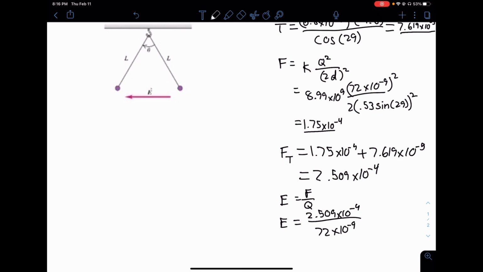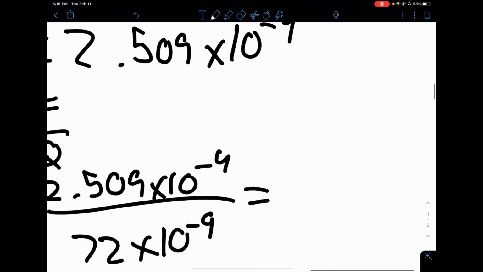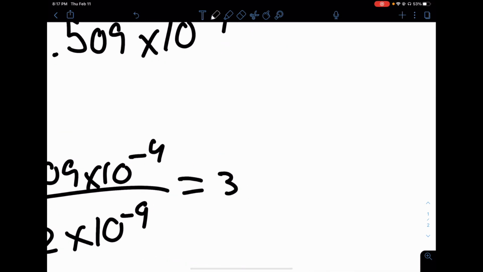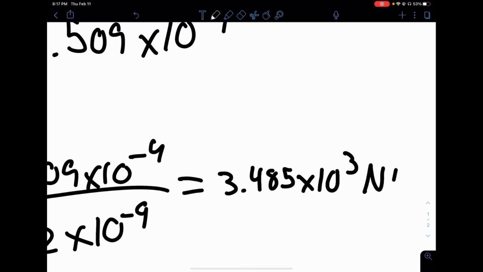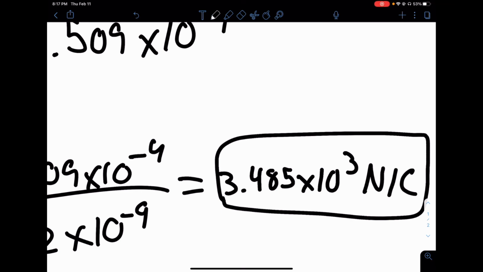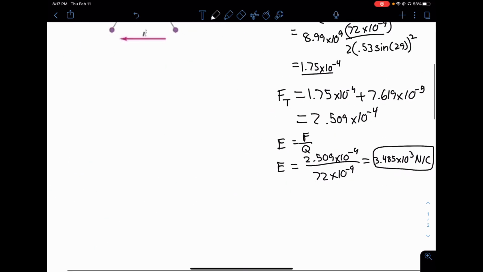And that is going to give us a value of 3.484, which if you round it up would actually be 3.485 times 10 to the third. And this value, of course, is in newtons per coulomb, as that is the unit of measurement for electric field. And that's how you solve it.